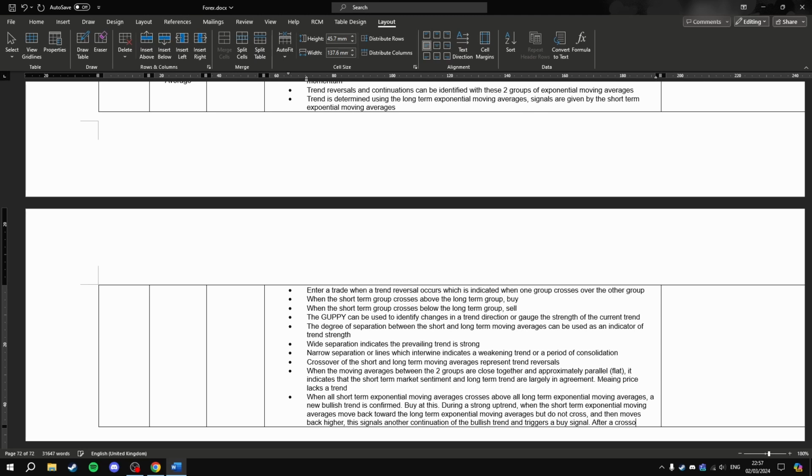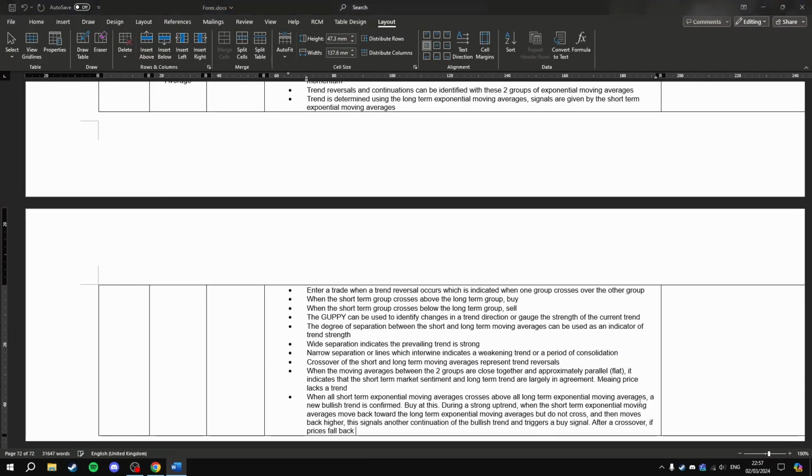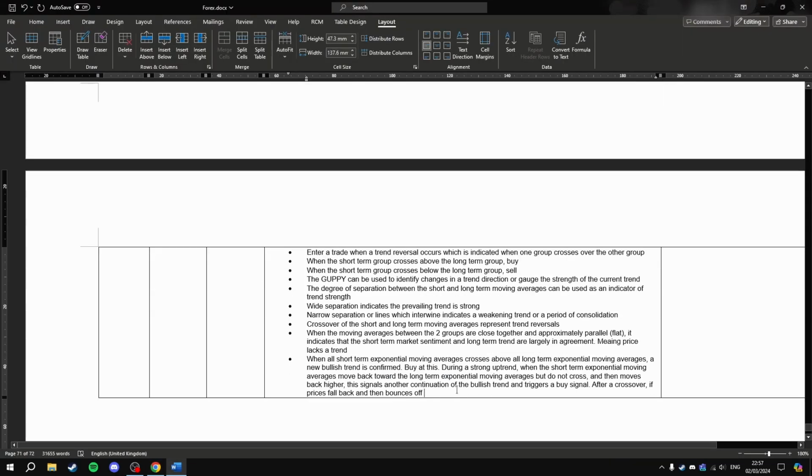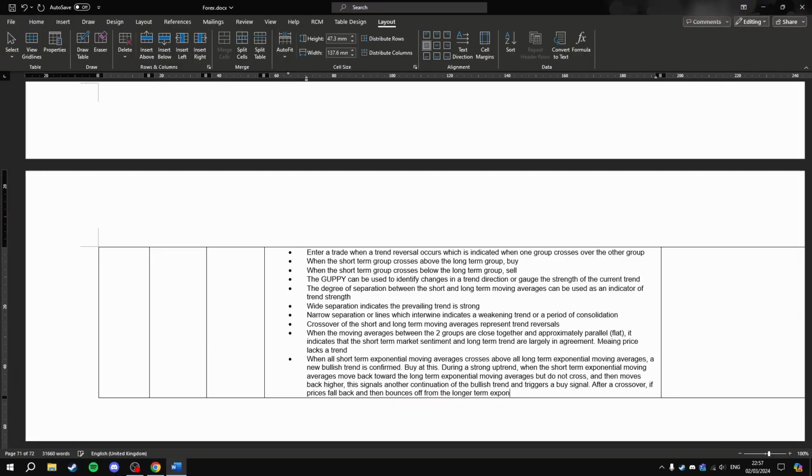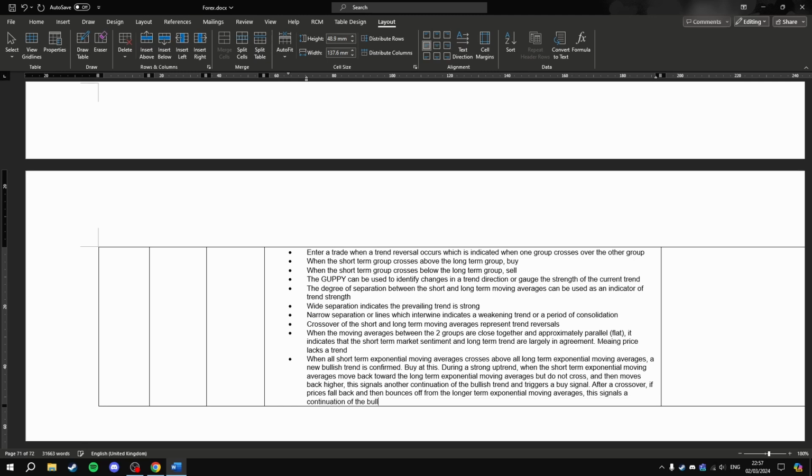After a crossover, if prices fall back and then bounces off from the longer term exponential moving averages, this signals a continuation of the bullish trend. Buy at here as well.